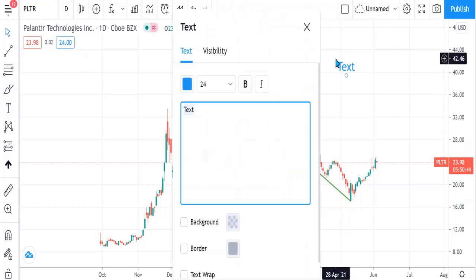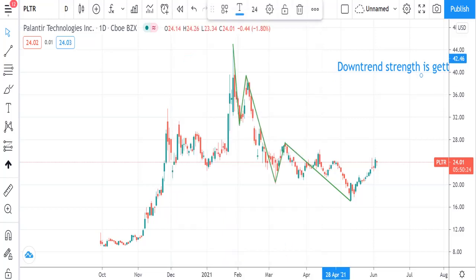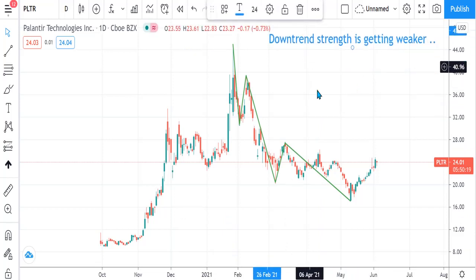Maybe I can jot down here: down strength is getting weaker. Okay, that's number one conclusion we can say. So that's the first conclusion.